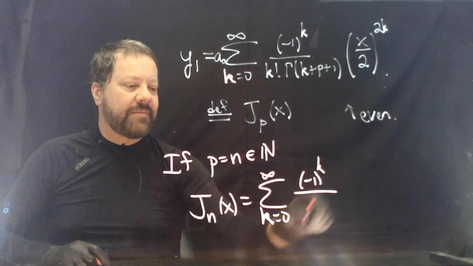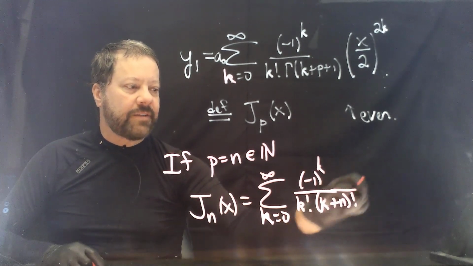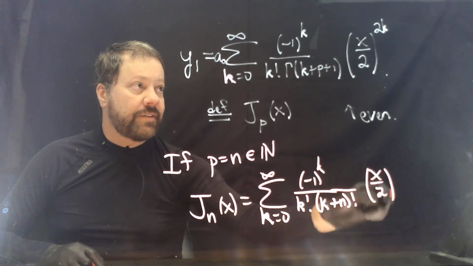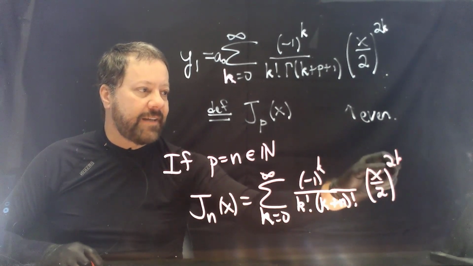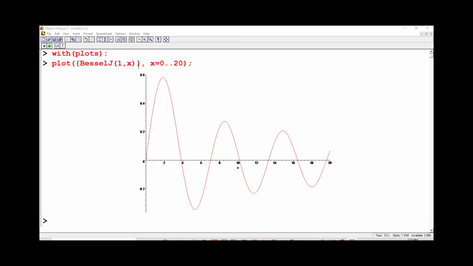Negative 1 to the k, k plus n factorial, x over 2 to the power of 2k. We can plot these Bessel's functions. Here I've plotted the Bessel's j function of the first kind with p equals 1. And you can see that it starts at the origin and it crosses the axis an infinite number of times.